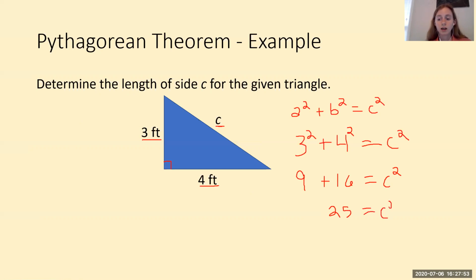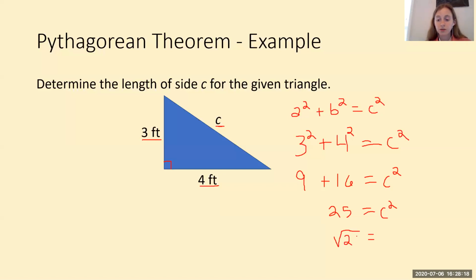Now, are we done? Did we figure out the length of side C? No. All we have so far is we figured out what c squared is equal to, but we don't want to know c squared, we want to know c. So our final step here is going to be to take the square root of 25.